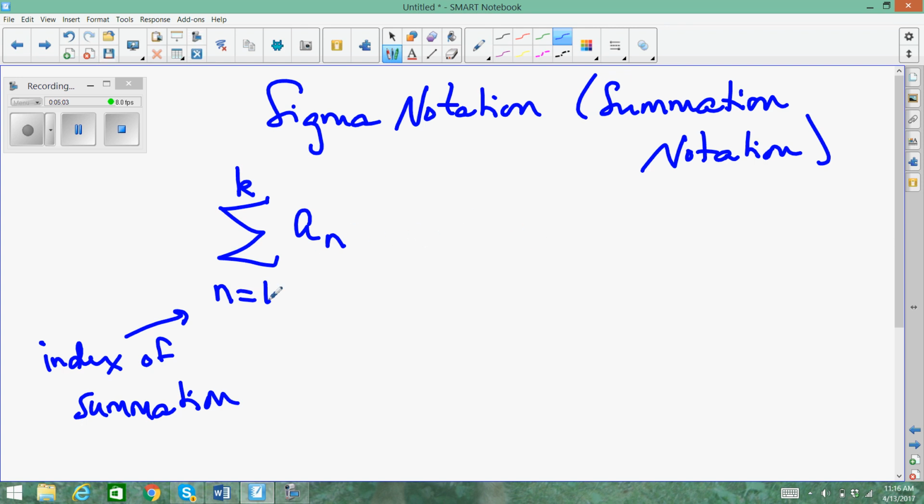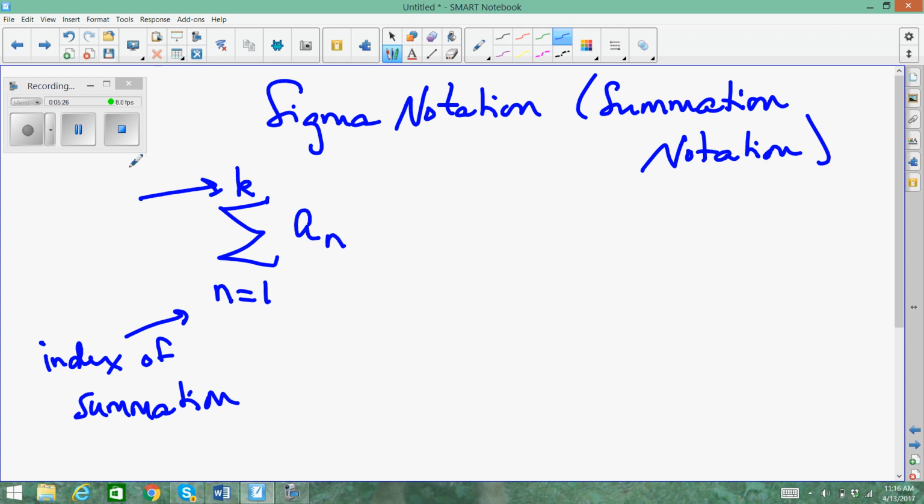Do we want to start with n equals 1? Do we want to start with n equals 2? And, which ones do we want to add? So it's possible that you want to add from the first one to the fifth one, but maybe you want to add from the fourth one to the 10th one or something. You could do that. So the index of summation is basically saying, where's your starting point?